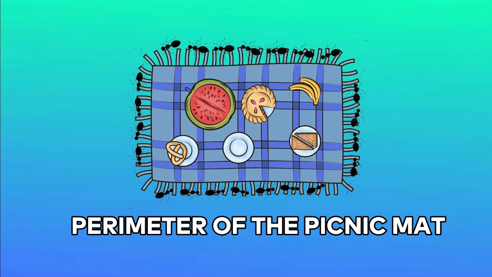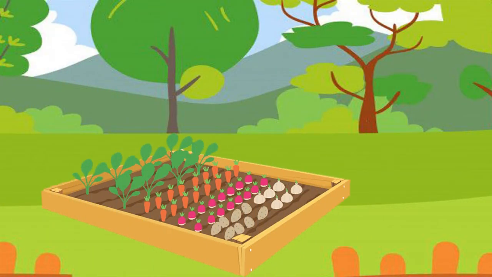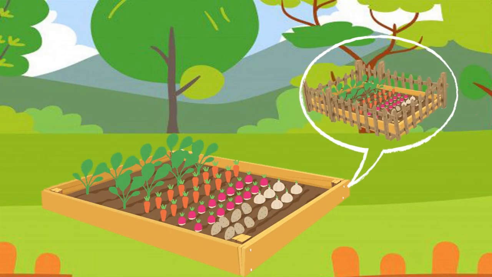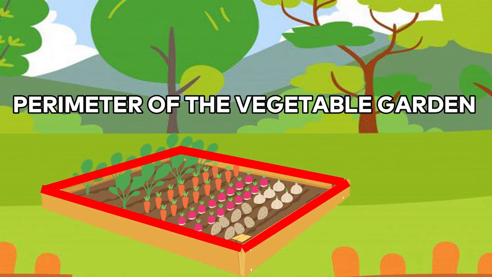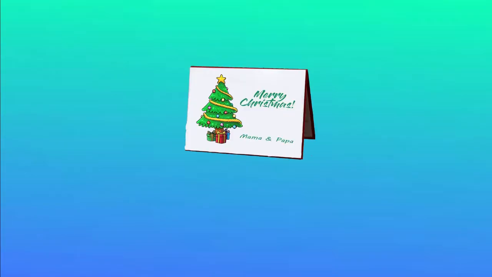Another example is, if a farmer wants to fence his vegetable garden, he needs to calculate the perimeter in order to buy the correct amount of posts or wires for fencing. You can also use strings, yarn, or ribbon to find the perimeter of the shape by placing it exactly along the boundary of the shape once.